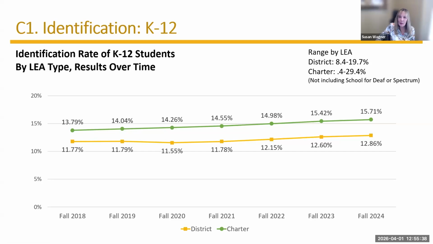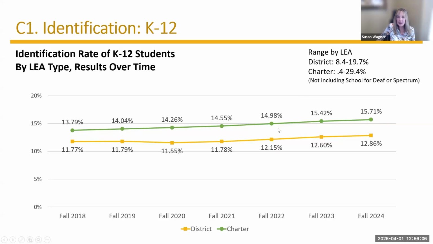As we know, these are very unique LEAs, and they have some extreme values, so I didn't want that to impact your interpretation. What we have here shows that there's at least one district in the state that identifies 8.4% of its students for special ed, and another district that identifies 19.7%. For charters, one charter has a 0.4%, a very low identification rate, and another 29.4%.